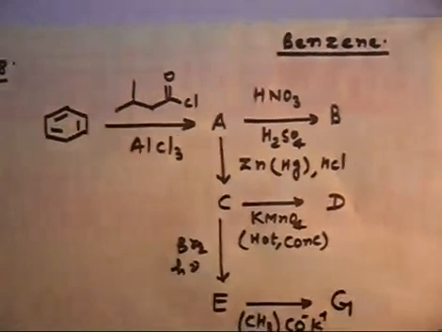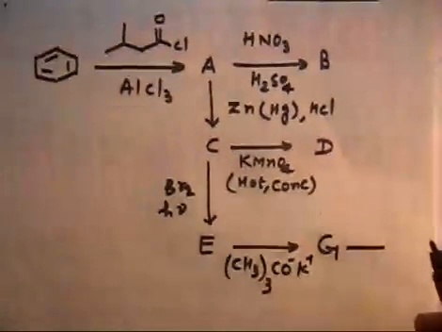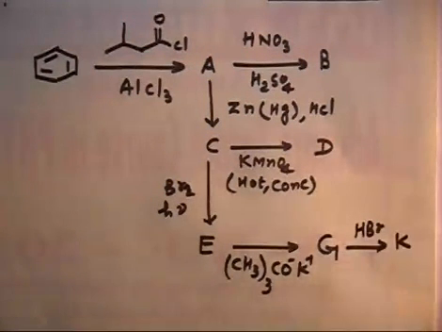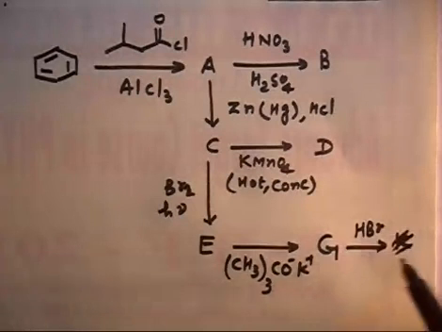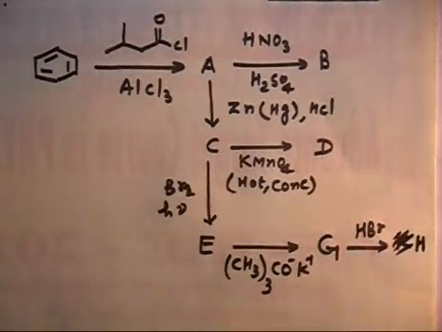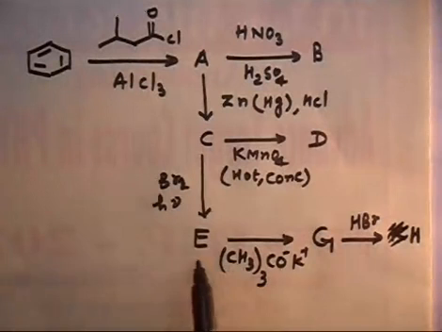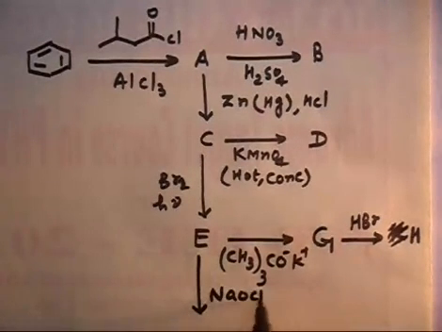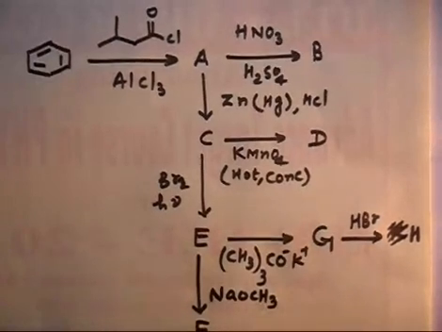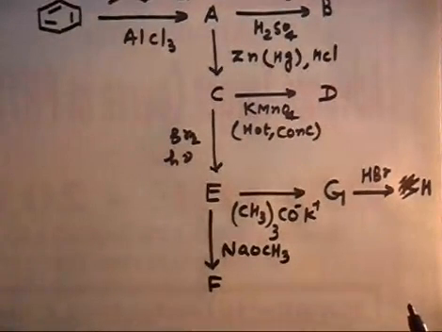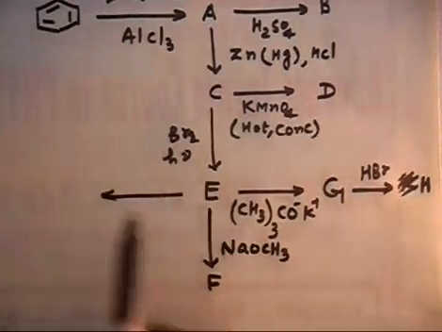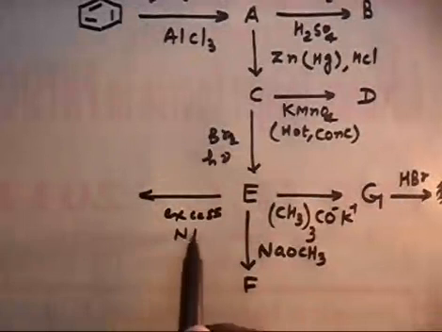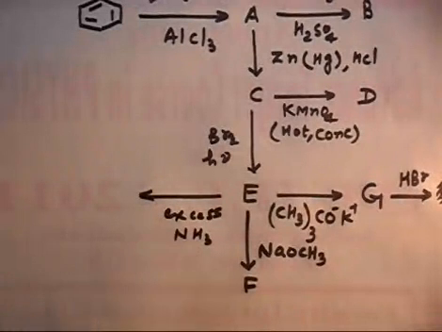And when G reacts with HBr, this gives H. Now E reacts with NaOCH3, this gives F. E reacts with excess NH3, and this gives a compound.